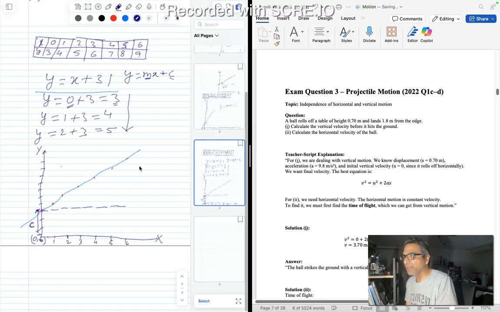So for example, what if we had y equals 3x plus 4, or 3x minus 4, let's say this one, right? In this case c is going to be minus 4. We can look at this equation afterwards, but let's focus on this here.